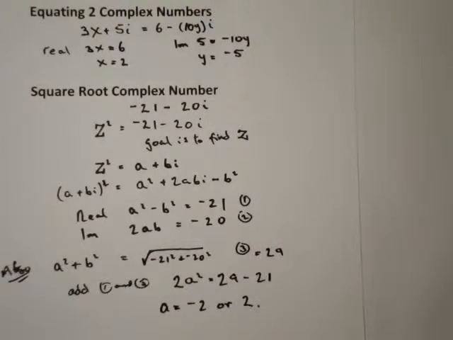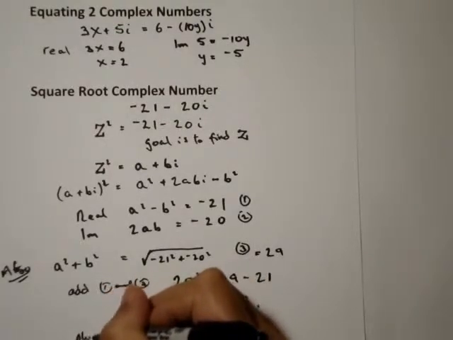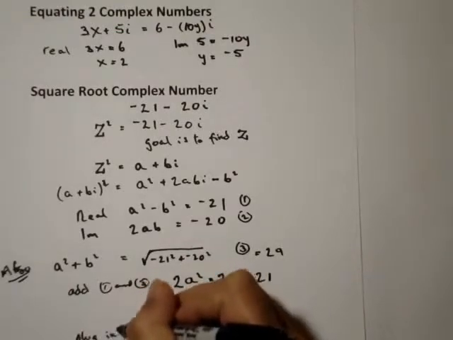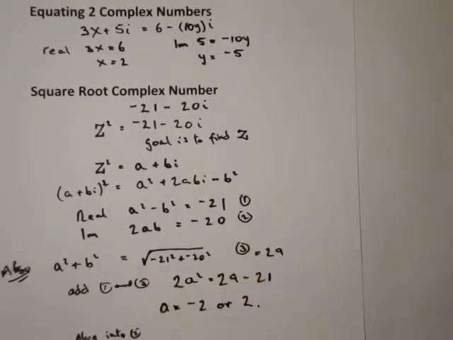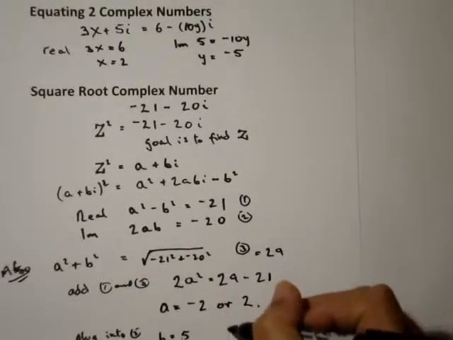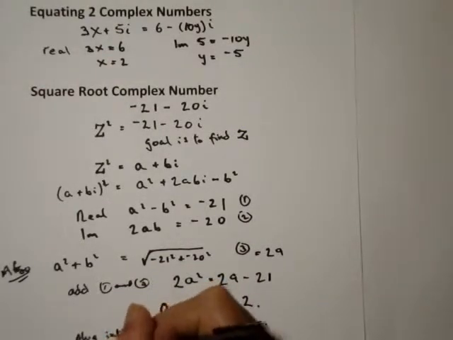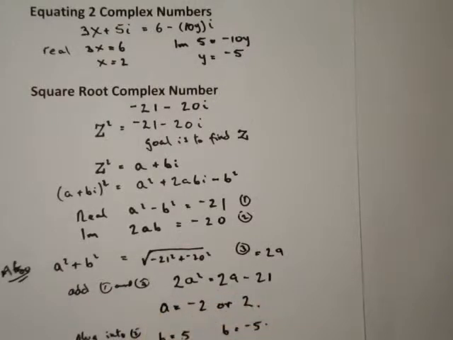When we plug this a into equation 2, we get b equals 5 and b equals minus 5. So therefore our roots in complex form are minus 2 plus 5i and 2 minus 5i.